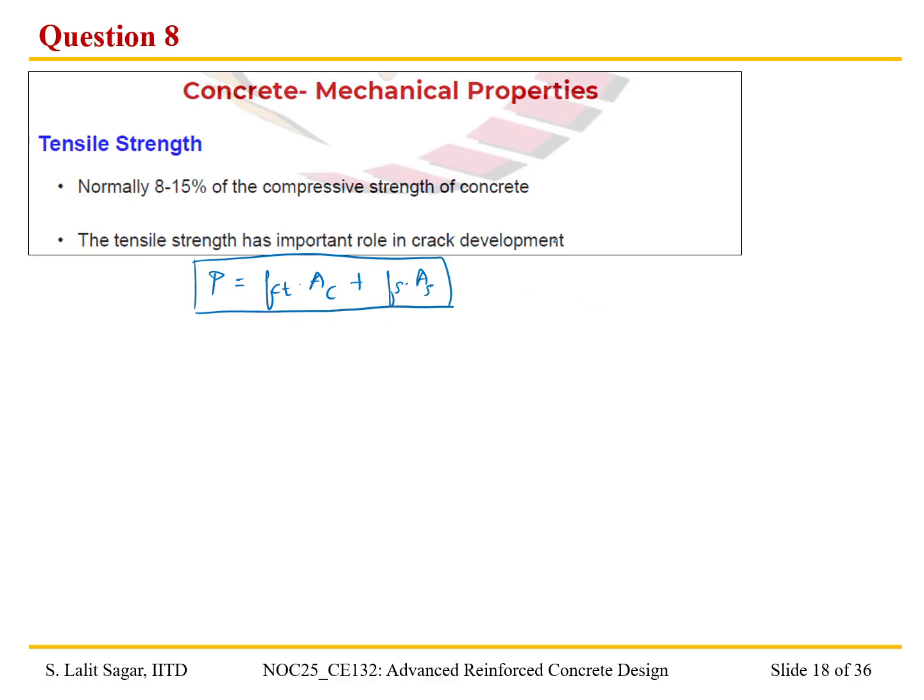We already know that AS is equal to 1963.5 mm square, and AC is equal to how much? 88036.5 mm square.